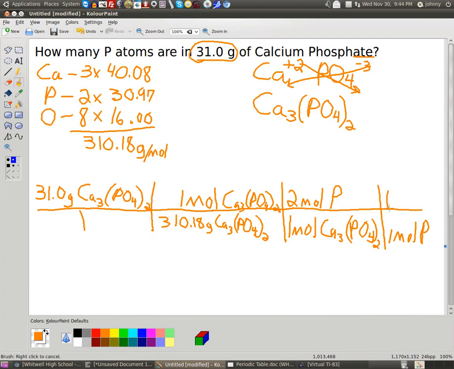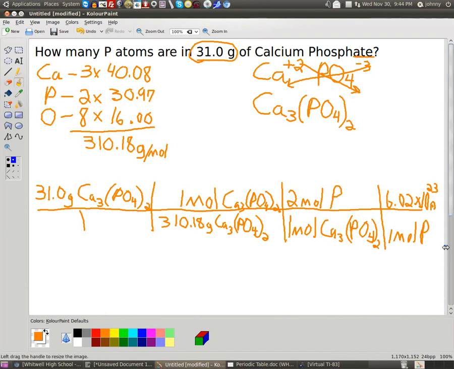In 1 mole of phosphorus, I know that there are 6.02 times 10 to the 23rd atoms. And this is for atoms of phosphorus.